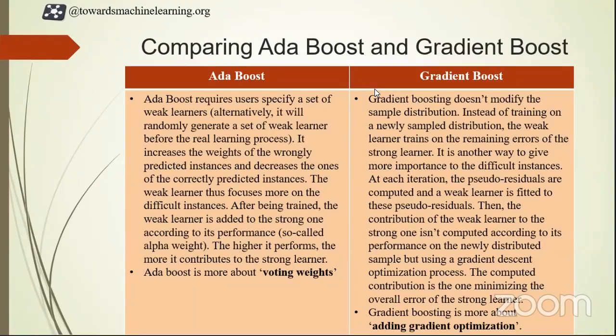And in gradient boost, we compute the residuals, and we fit the features and those residuals in a decision tree, and then compute the second residuals, and like that, in the end, we add all the outputs of these trees together. So AdaBoost is more about the voting of the weights, and Gradient Boost is more about adding gradient optimization.